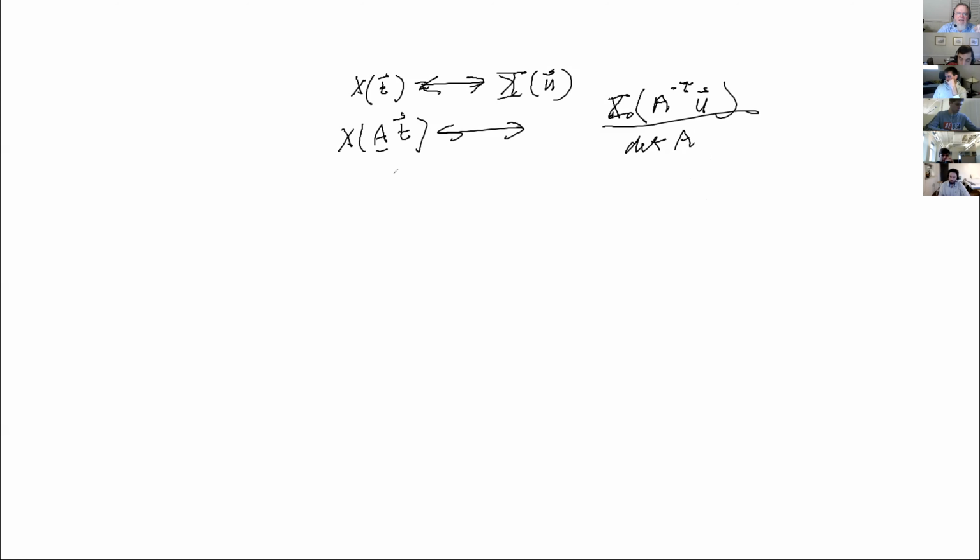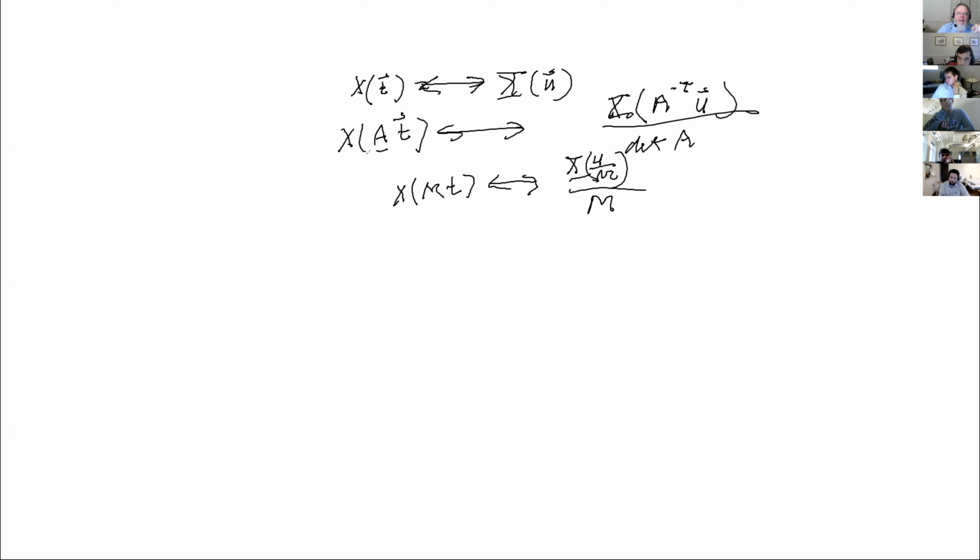Compared to one dimension, x of m t in one dimension Fourier transforms to the Fourier transform of u over m, divided by m, right? That's the scaling transform. So above, we have a generalization of this idea, don't we? Because we can't divide by a matrix, right?